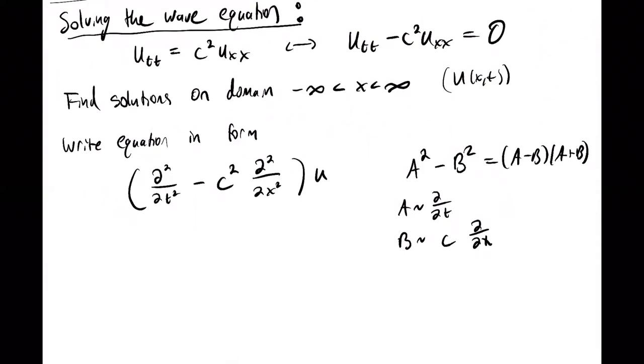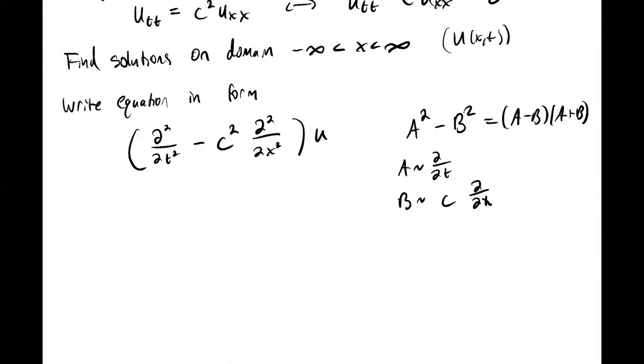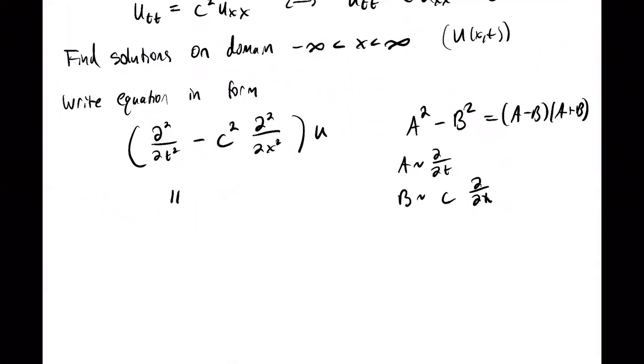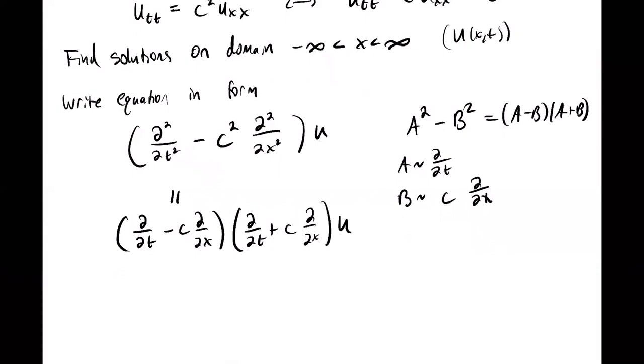And so this leads you to conjecture that you can probably factor this as d/dt minus c times d/dx applied to d/dt plus c times d/dx, and then I'll apply to u.